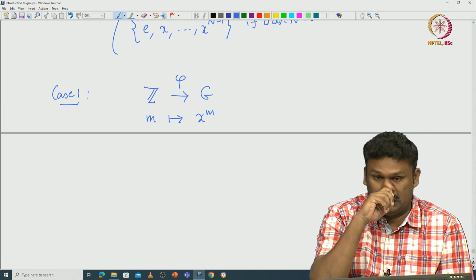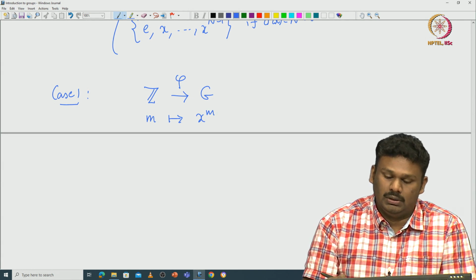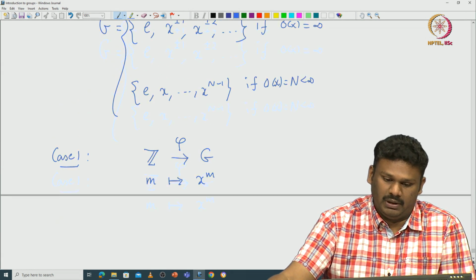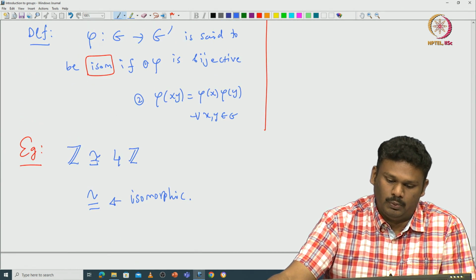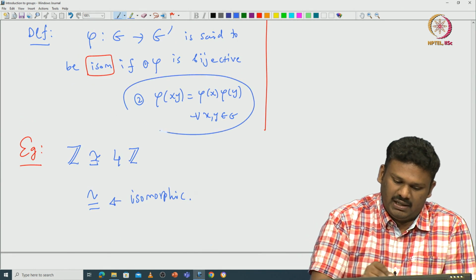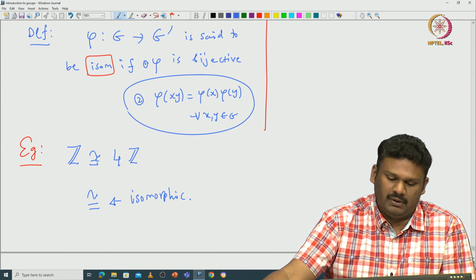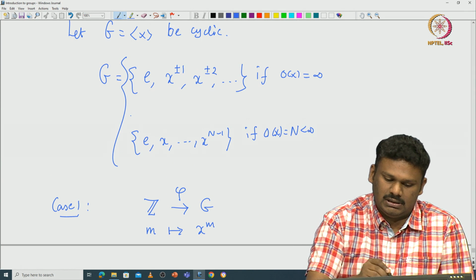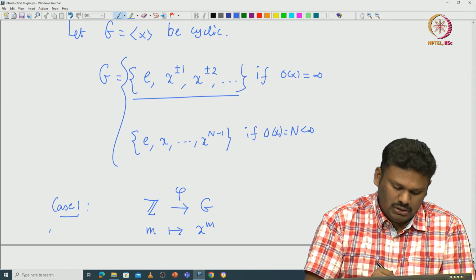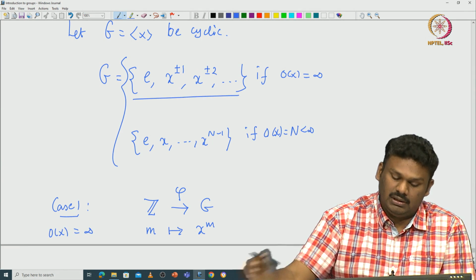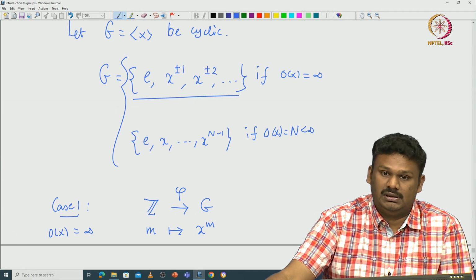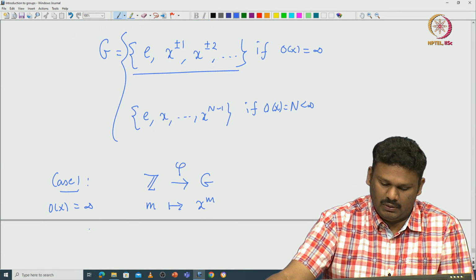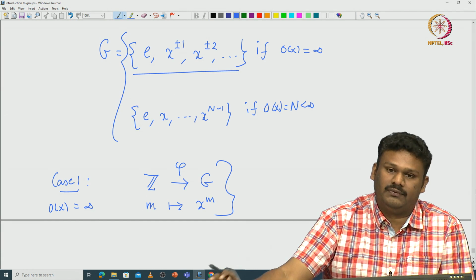It is easy to check this map satisfies the second property of isomorphism, which is called group homomorphism. A map satisfying this property is called a group homomorphism. Since these elements are all distinct when the order of X is infinite, this map is indeed a bijective map. So that means this defines an isomorphism.